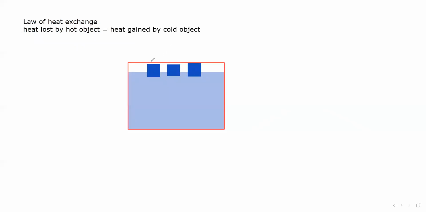These ice cubes are at a temperature of, for example, -2, and originally in the beginning, the water was at 30 degrees. So water is the hot object, the ice cubes are the cold object, and the heat energy transfers from the hot object to the cold object. So heat lost by the water will be equal to heat gained by the ice.